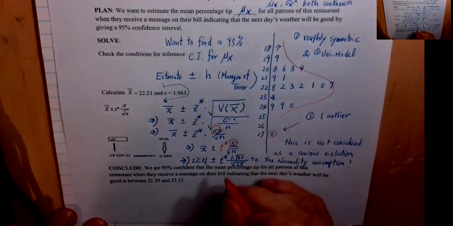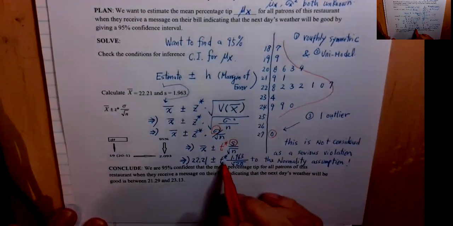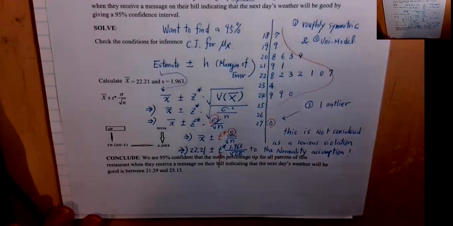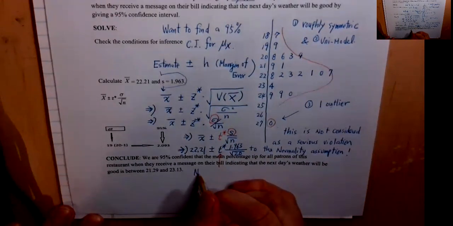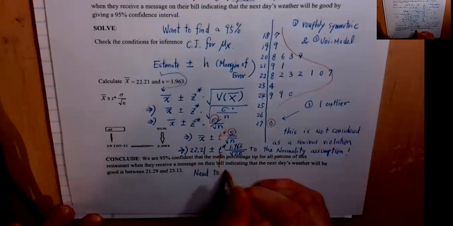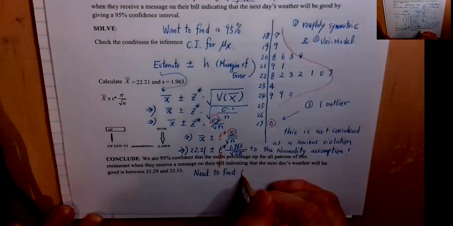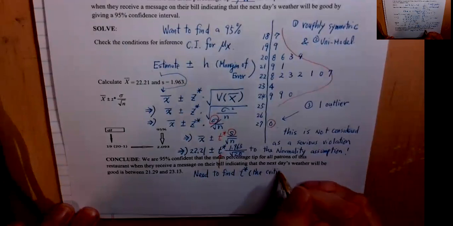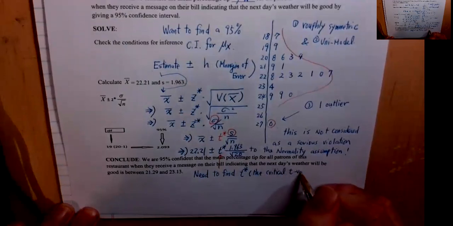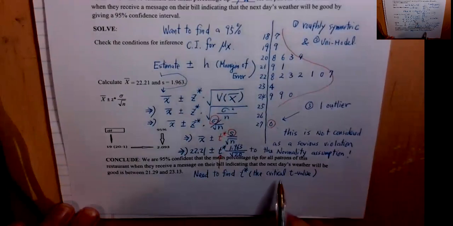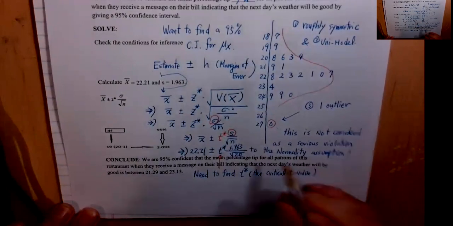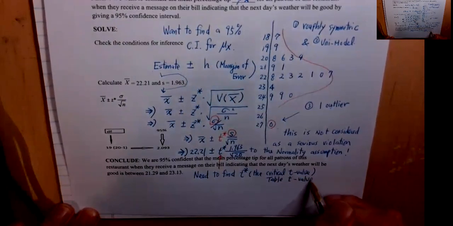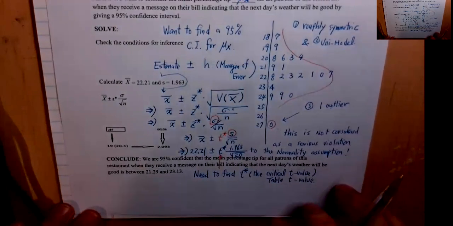Our job is left undone because we need to find T star, the critical T value. Some people call this the table T value. How can we find this T value?